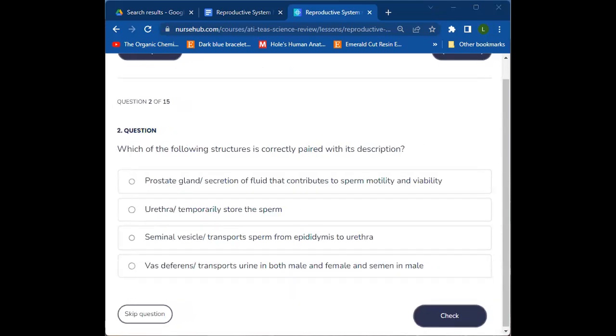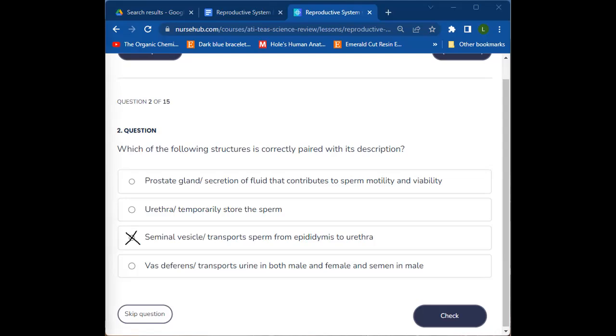You can try this first one. For the first one, I would pick C. No, the seminal vesicle doesn't transport.